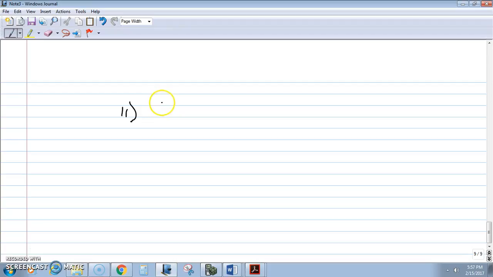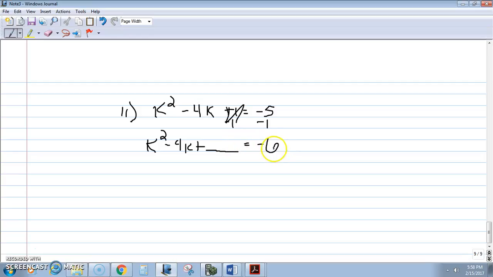Number 11, k squared minus 4k plus 1 equals negative 5. Subtract 1, k squared minus 4k plus blank spot. These ones canceled, equals negative 6.